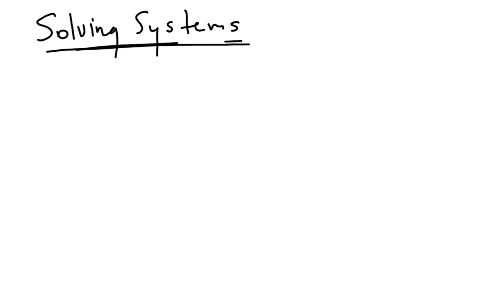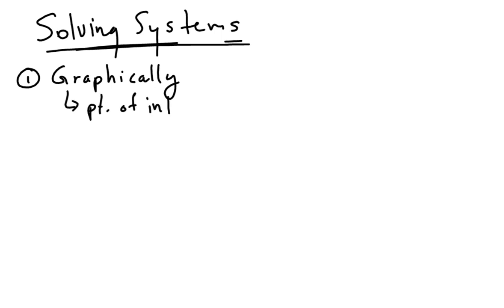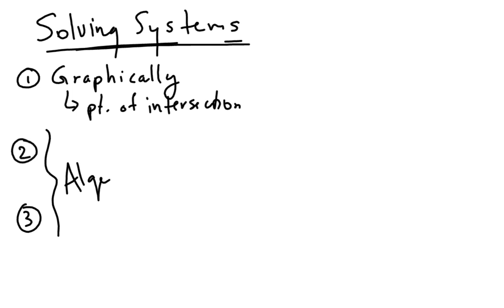Solving systems, we can do it graphically. On your calculator, you graph the two lines, and then you want to find where the points of intersection are. So that's one way to solve. The second way to solve, and the third way to solve, these are algebraically.